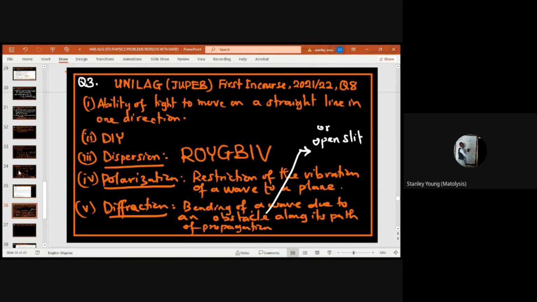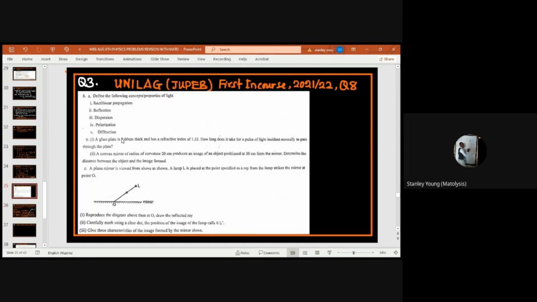Then we have the next question. This is a calculational question. The question says that a glass plate is 0.60 centimeter thick. So you have a thickness.